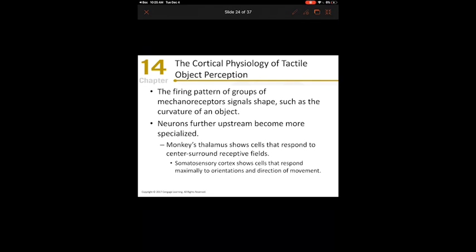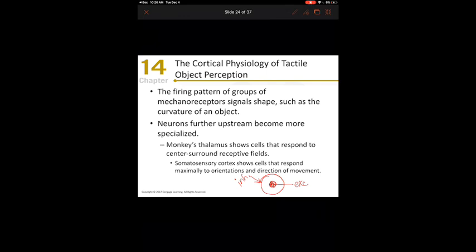If you guys remember those in vision, we would have this cell here with this in the middle, and this would be, for example, excitatory in the middle, and then surrounded by an inhibitory surround. And so these are very helpful receptor fields because they allow us to have specialized receptor areas that respond to particular features, right?